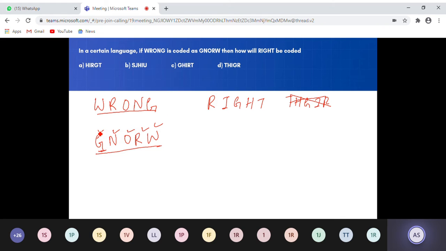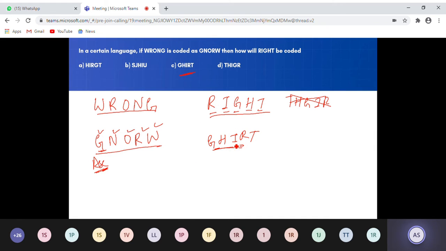The first letter would be G, followed by N, followed by O, followed by R, and then W. Similarly, if we arrange right in ascending order, first comes G, then H, then I, then R, then T. So the answer option would be GHIRT.